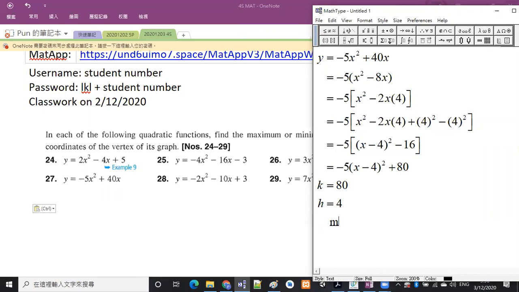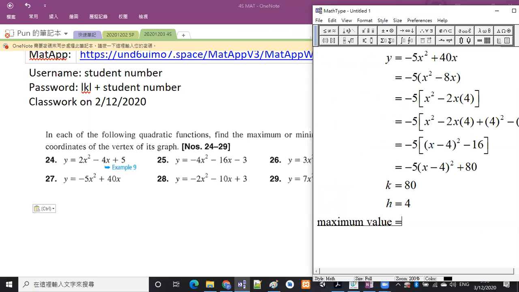So we have the maximum value is equal to the k value, that is 80, and the coordinates of the vertex will be the h and k. So that is 4 and 80. Okay, like this. So this is question number 27.